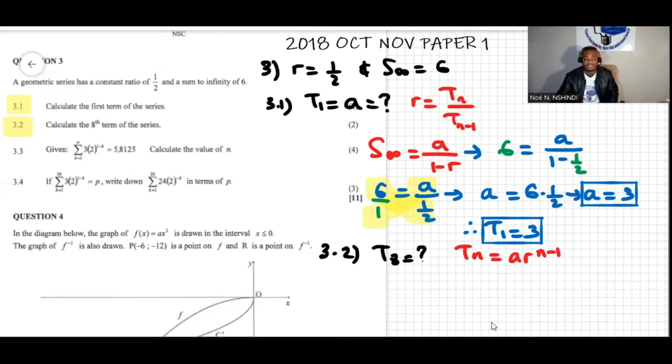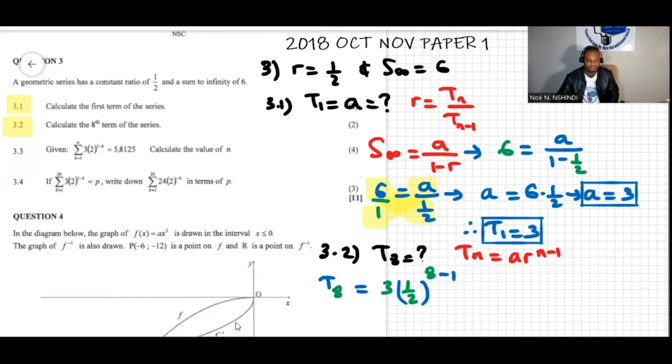Now to find T8, we substitute the values. a is 3, and r is a half, then to the power of n minus 1, where n is 8.